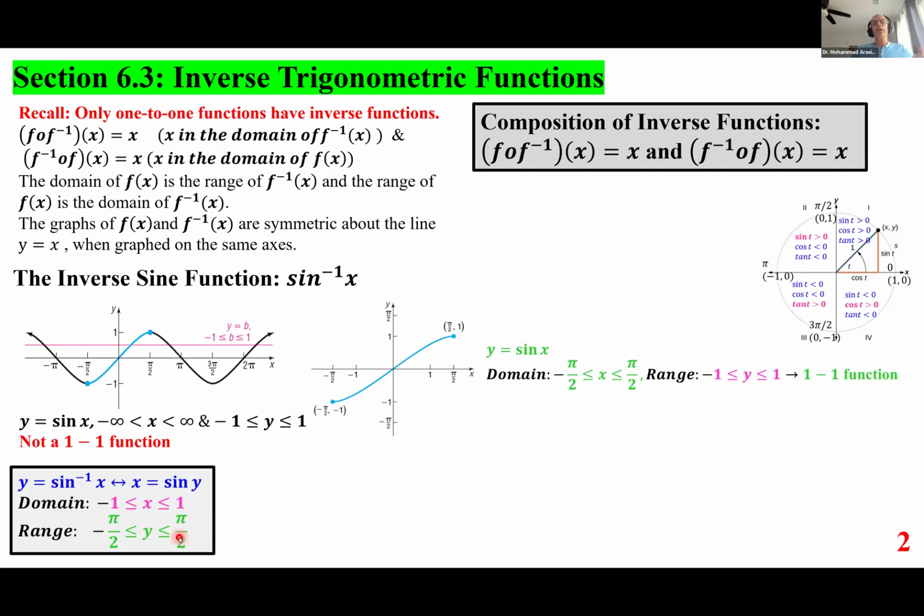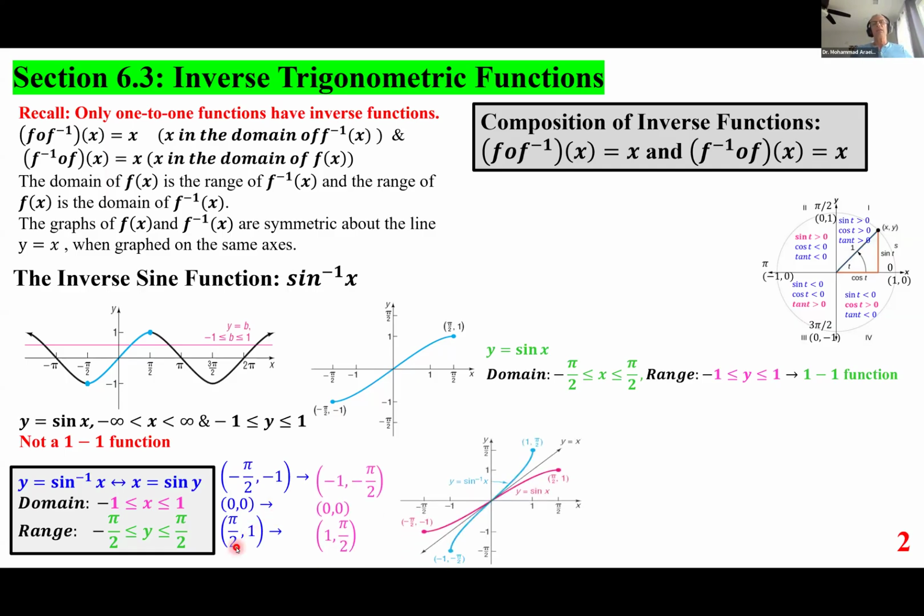So we'll want to graph the inverse. We go with the easy parts, minus π/2, minus 1, π/2, 1, and this is 0, 0. Now, all you have to do is interchange x and y. So for example, this one becomes minus 1, minus π/2. This remains 0, 0 because that doesn't make a difference. It's 1, π/2.